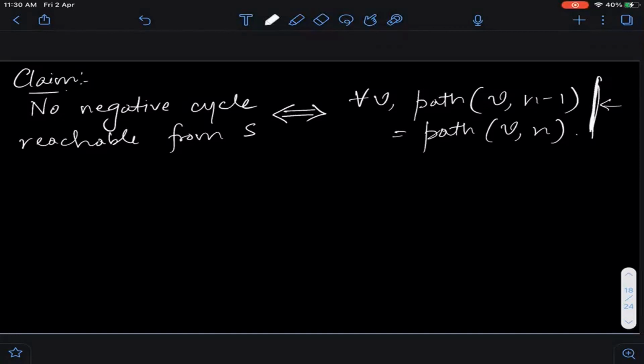So let's do this. Whenever there is an if and only if, you should do both sides of the proof. Which direction did we actually do last time, when we discussed negative cycles?